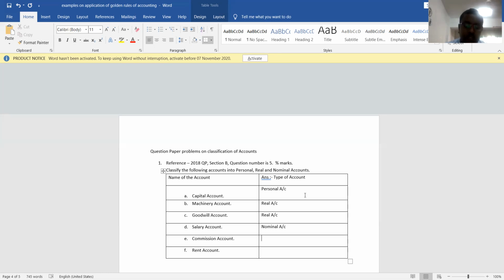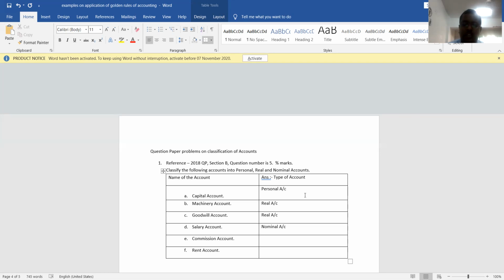Then next one is commission account. What is commission? There will be certain middlemen, certain agents. For their services, we need to pay certain compensation, right? That compensation is nothing but commission. Commission on sales: to sales executives, we need to pay some compensation. That is called commission. So what is it to the business?